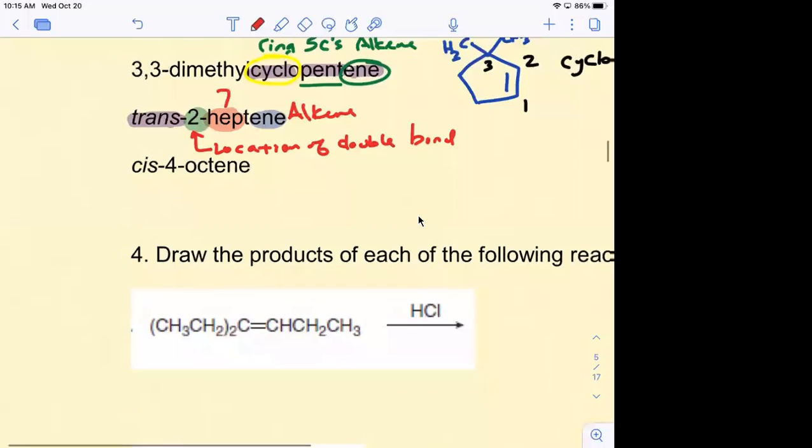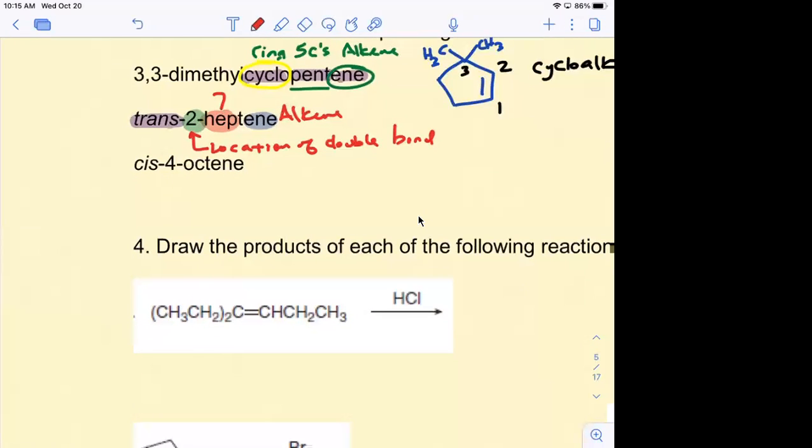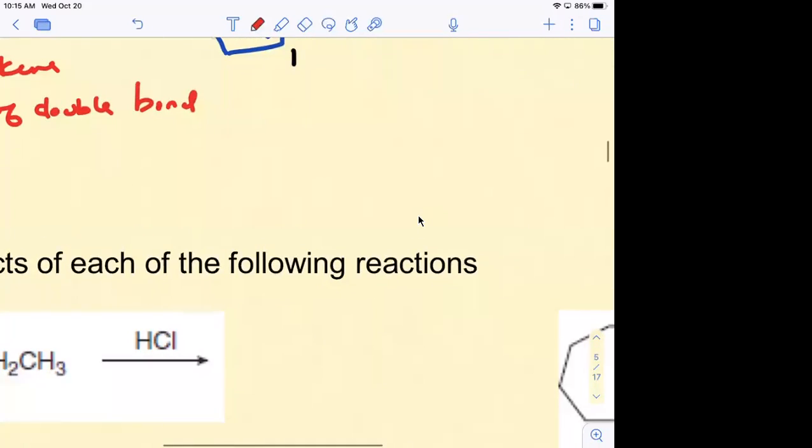Sometimes you'll see it written as hep-2-ene, where the parent is broken up with the location of the double bond. So you might see trans hep-2-ene, but both conventions are okay. But the 2 is the location of my double bond. So I need a 7 carbon chain. I'm just going to draw one out.